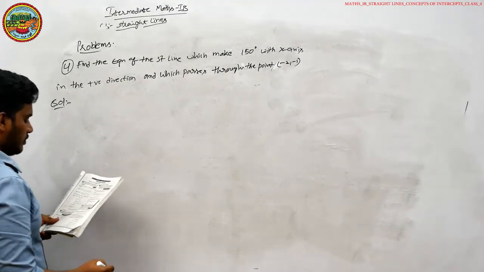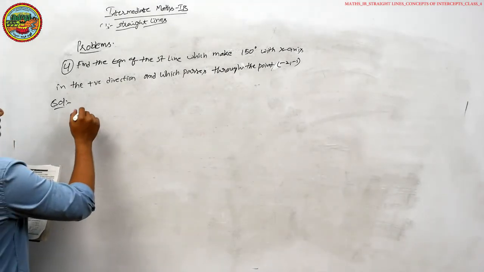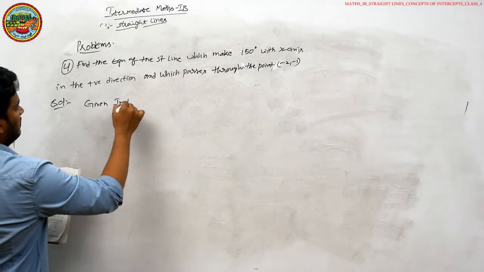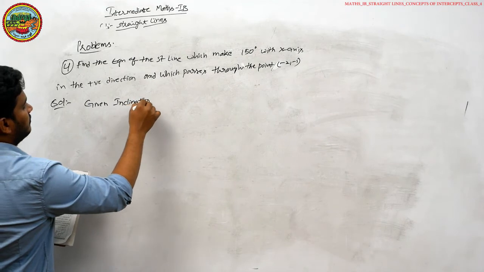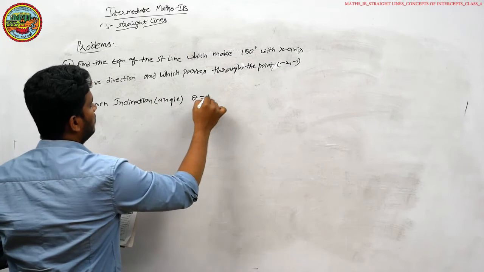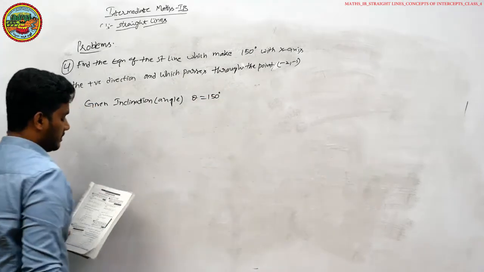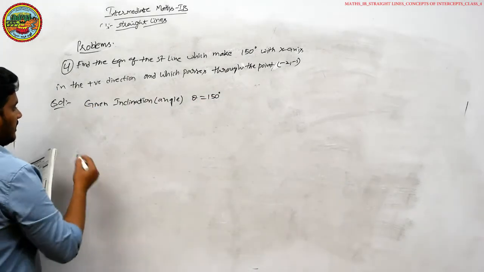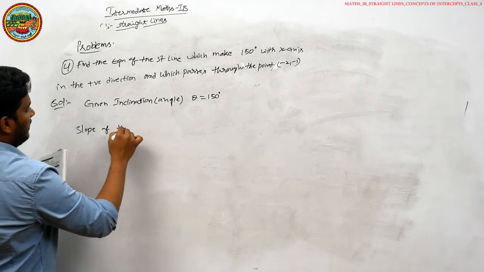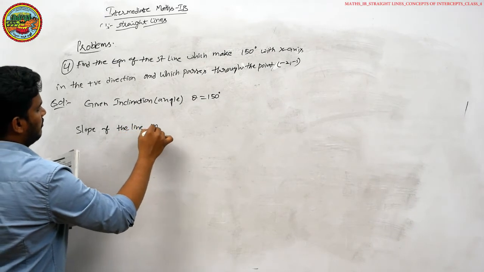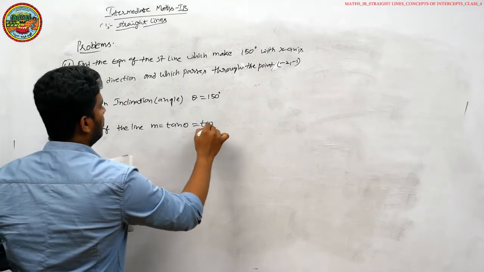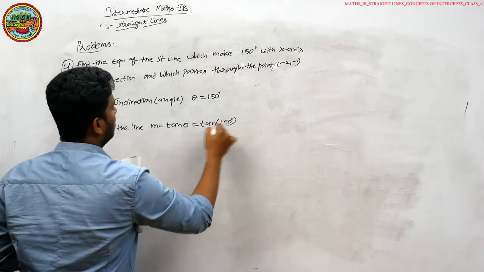Okay, so given the inclination, which means the angle, theta = 150 degrees. The slope of the line m = tan theta = tan 150 degrees.